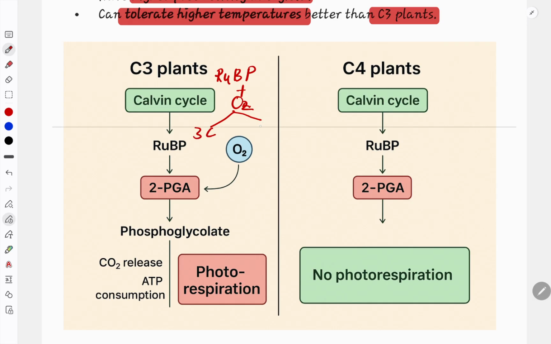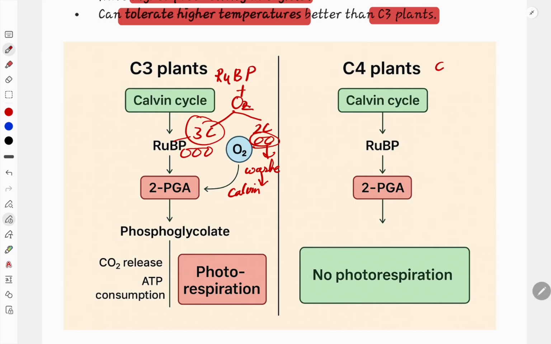One is phosphoglyceric acid and one is phosphoglycolate. One has 3 carbons and one has 2 carbons. The 2-carbon one is completely waste because it cannot participate in the Calvin cycle, whereas the other molecule can participate in photosynthesis in the middle of the Calvin cycle.